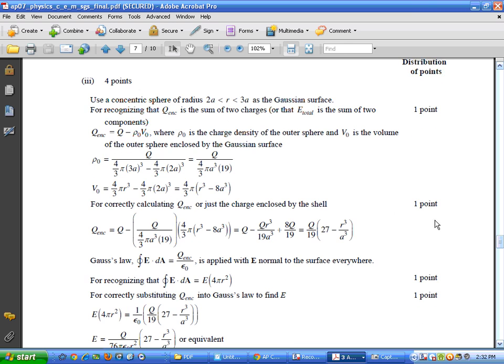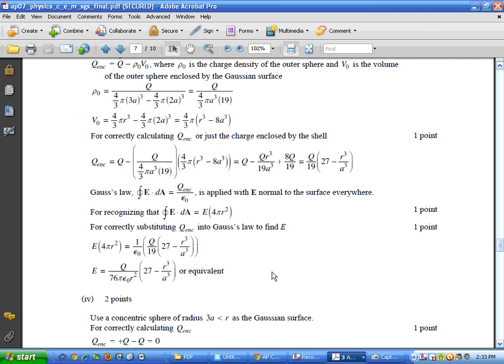It was 1 point for correctly finding Q enclosed. Since a lot of people would have forgotten this charge right here, if you at least found the charge enclosed by the shell correctly, that would have been one of the points. And then 1 point, again, you need to show Gauss's law, so 1 point for doing E times 4 pi r squared, and 1 point for correctly substituting in your enclosed charge from up here. So if you forgot to include that Q, you could have gotten 3 out of the 4 points.